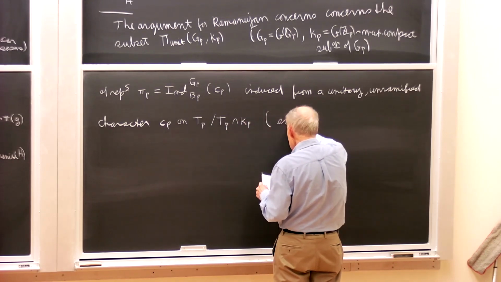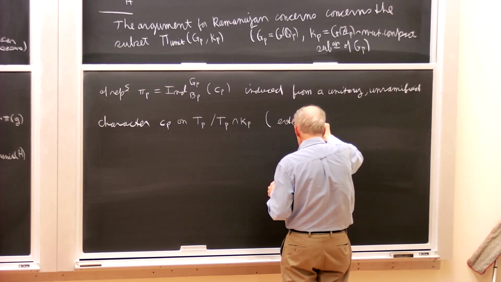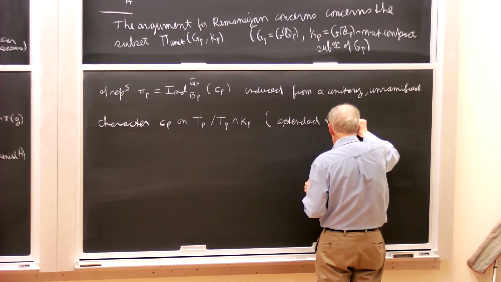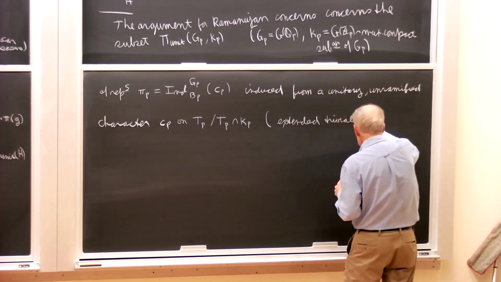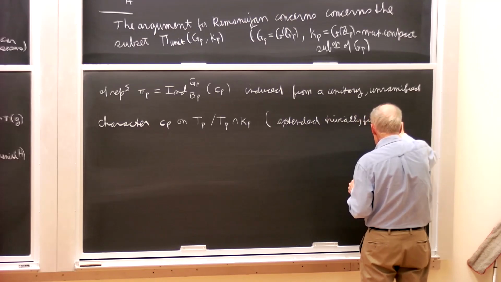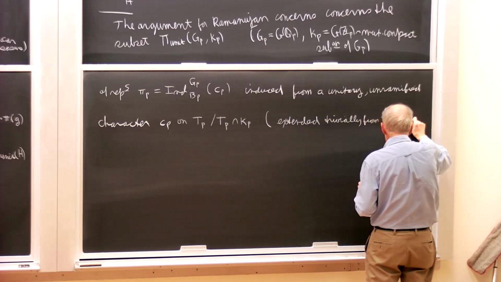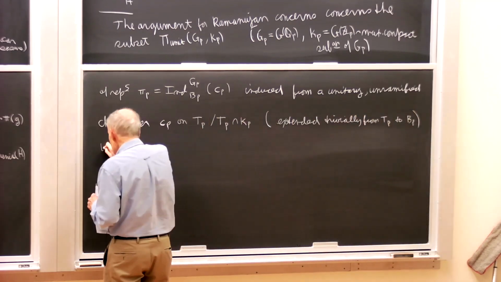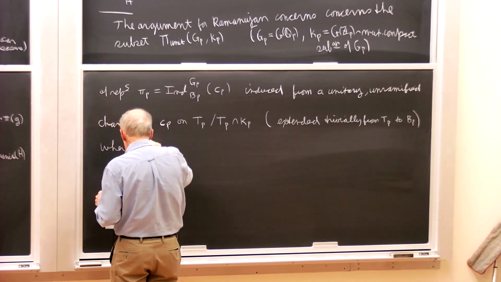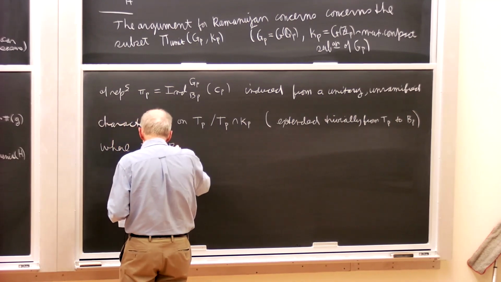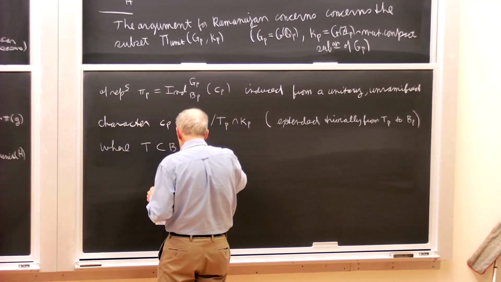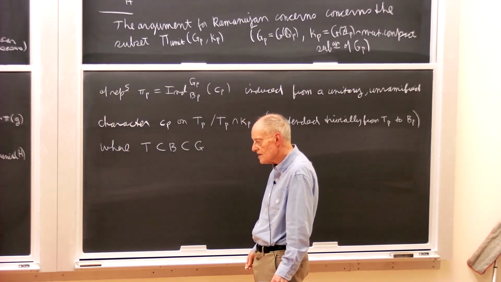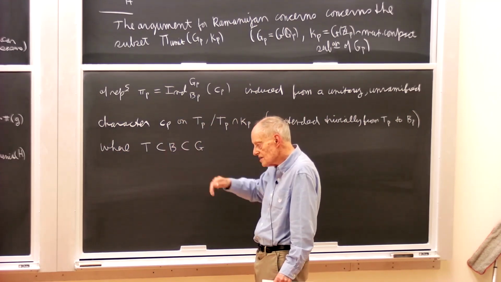So this is to be extended. I'm just going to write this down. It's a rather ungainly sentence. Extended trivially from T_p to B_p, where T is contained in B is contained in G. So I think before we talked about T hat contained in B hat contained in G hat, the complex dual group.